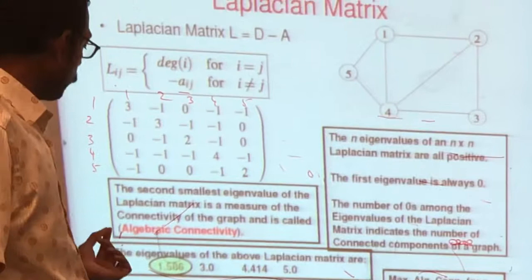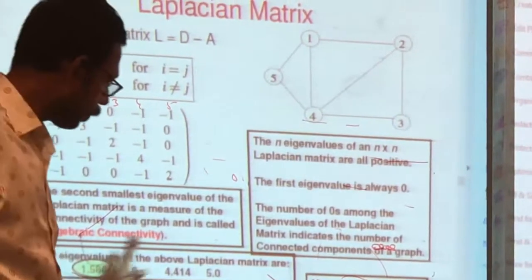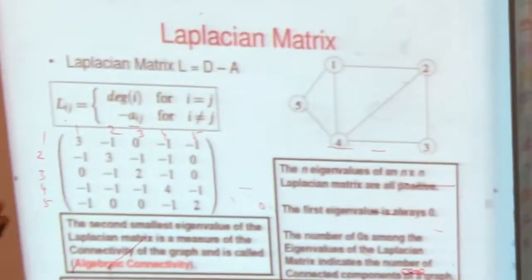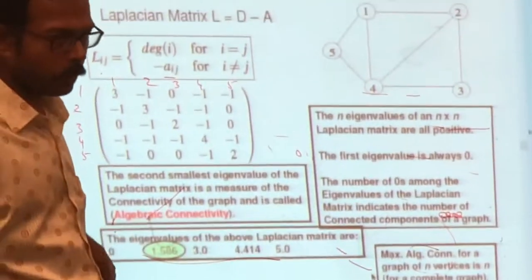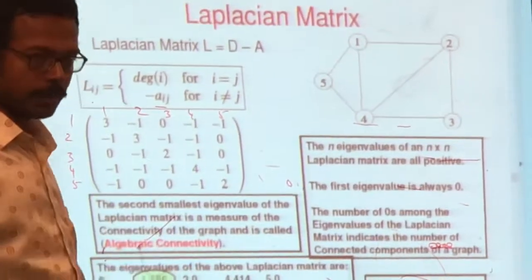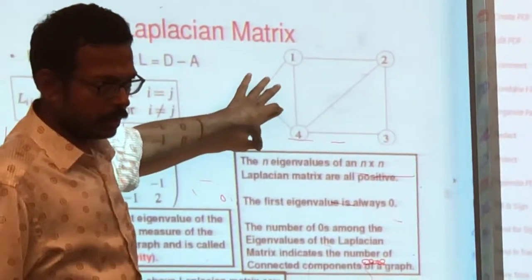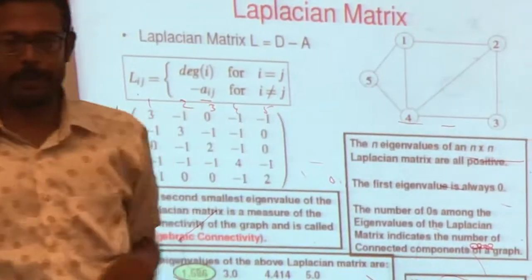If you see only one 0 among the eigenvalues and the rest of the entries are greater than 0, it means the graph is connected. You look at these 5 eigenvalues, you see only one 0 and the rest are greater than 0, which means this graph on which we did all this analysis is a connected graph. So all the vertices are reachable from each other.